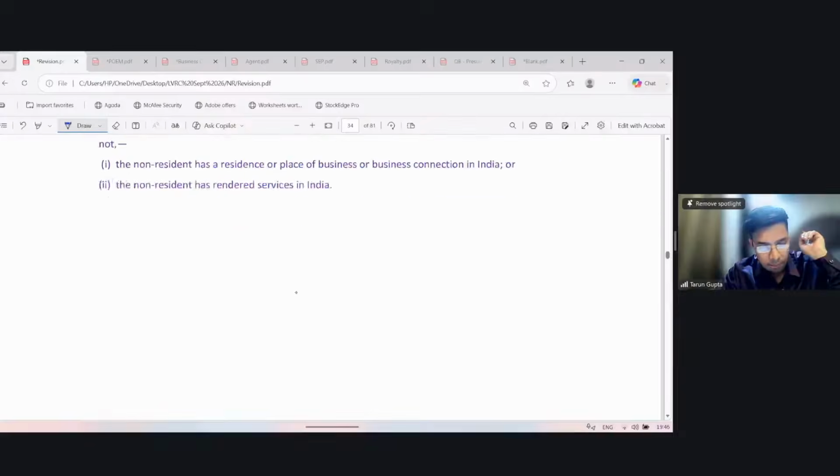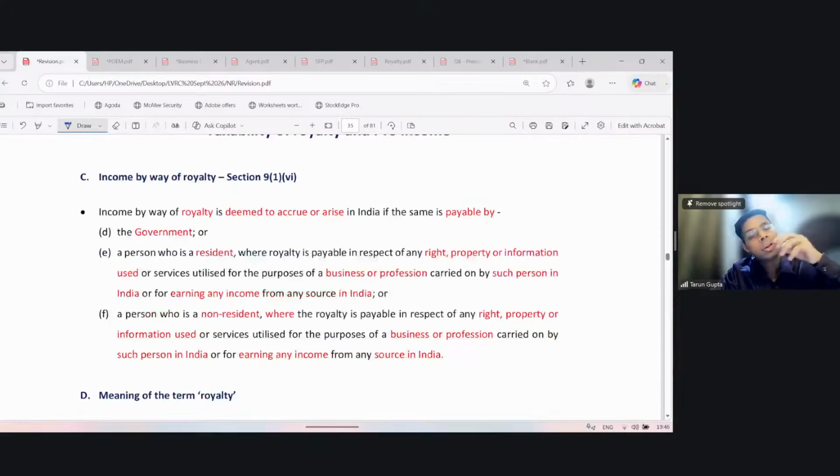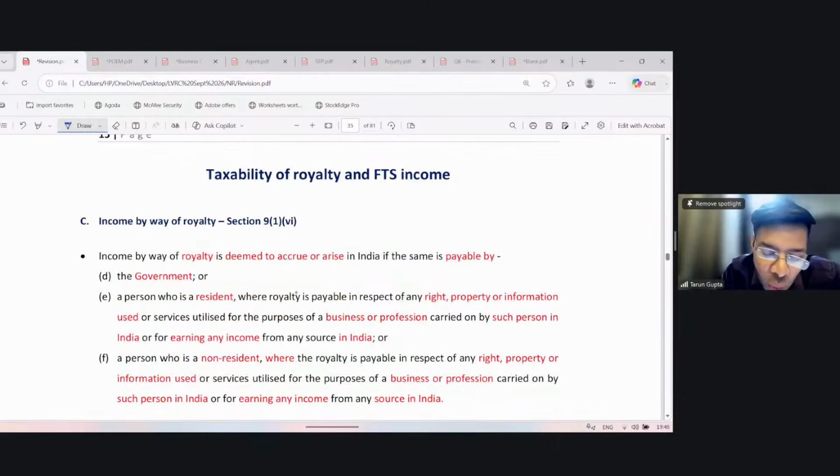Now, we are moving to the third and the last category, royalty and FTS. So these incomes are also taxable even without a PE. So what is the principle when they are deemed to accrue and arise?